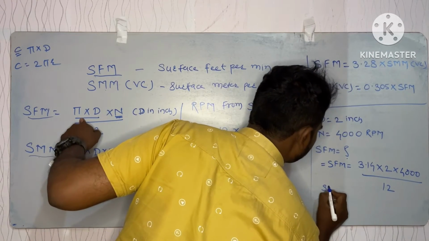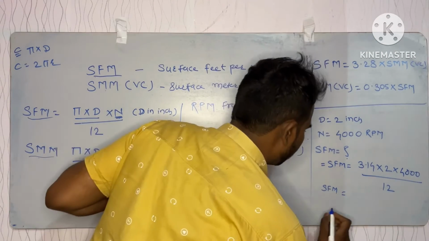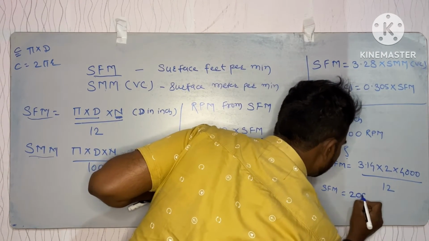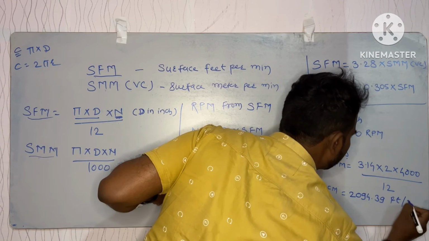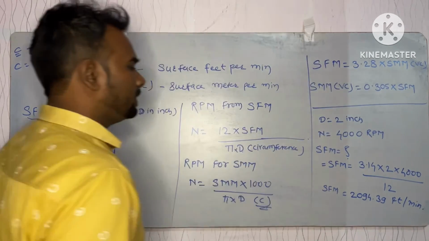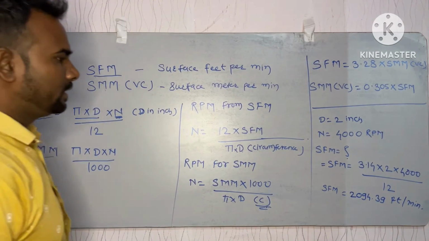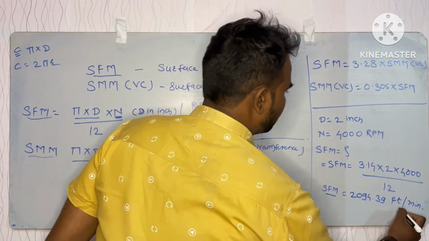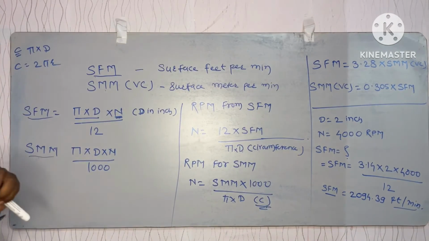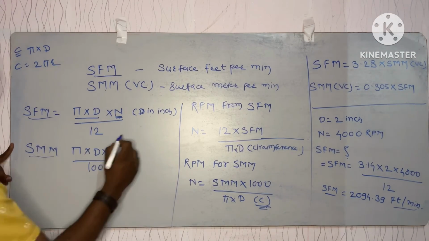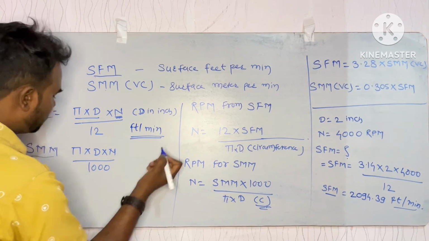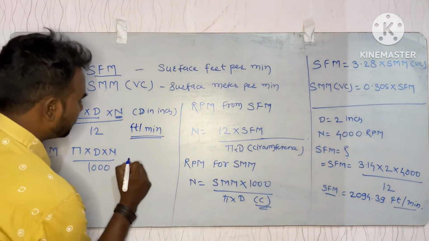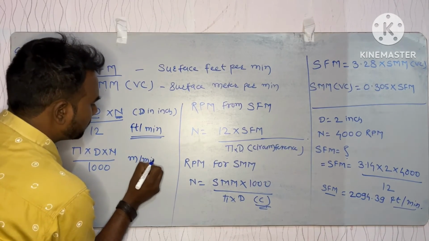So SFM will be 0.39 feet per minute. What is the unit for SFM? Feet per minute, and for SMM it's meter per minute.